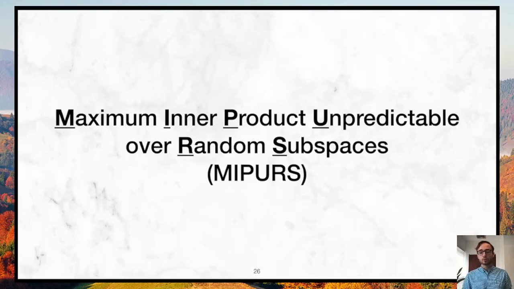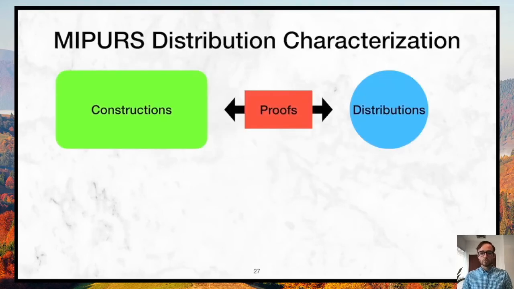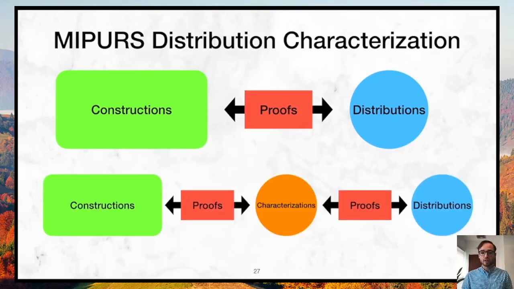For our security game, we show that a characterization of distributions called maximum inner product unpredictable over random subspaces suffices to prove security for this game. So, rather than proving that our construction supports a specific distribution, we are going to prove that a construction supports a characterization of distributions.